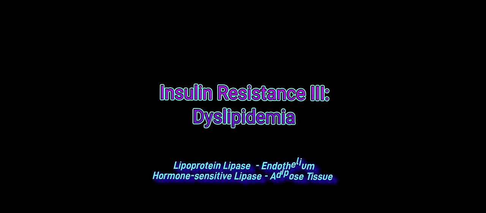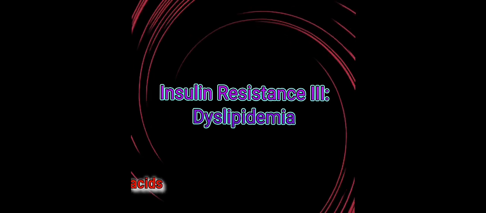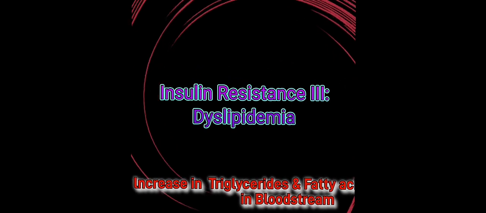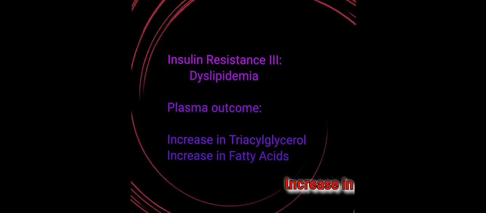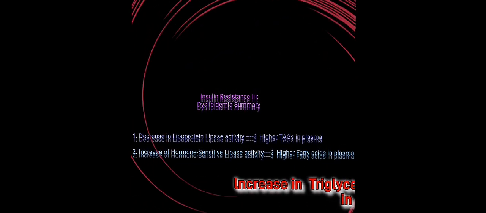Now, what about the second enzyme, hormone-sensitive lipase? Hormone-sensitive lipase primarily operates within the fat tissue, and in insulin resistance its activity actually increases, the opposite of lipoprotein lipase. Its job is to break down stored triacylglycerol inside the fat cells and release free fatty acids into the bloodstream.